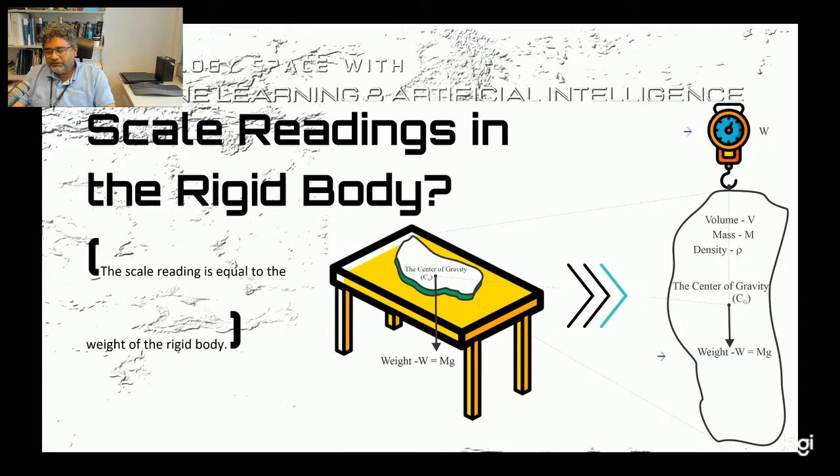The total weight is defined as W, which is equal to the mass of that rigid body, m, times the gravitational constant. You should also note that I have denoted the volume of the rigid body as V, the mass as m, and the density as rho.